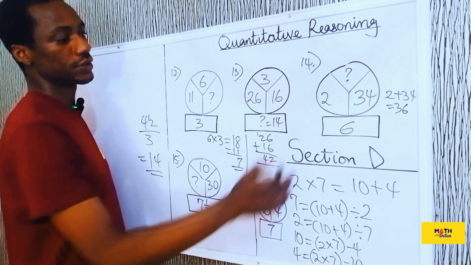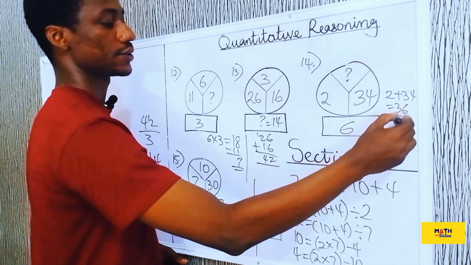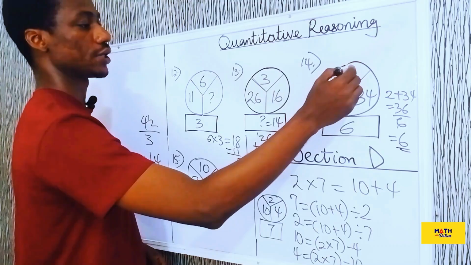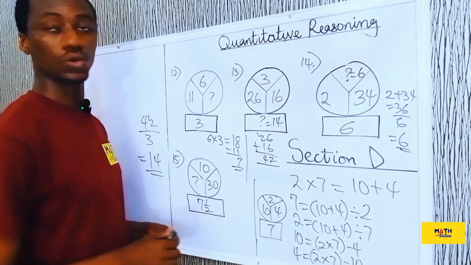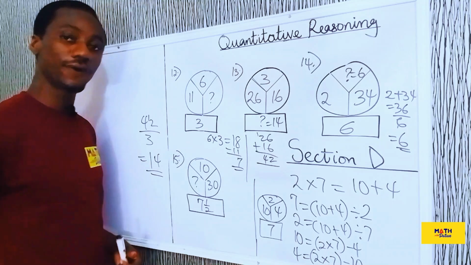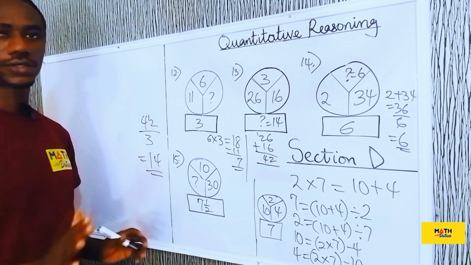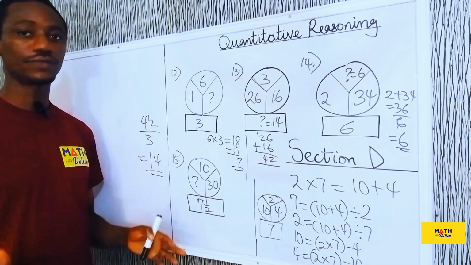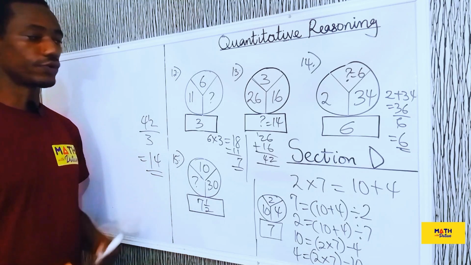And then 36 divided by 6 will give us 6. So the answer here is 6. We check: 6 times 6, 36. 2 plus 34, 36. Checked. Balance. I just want you to understand the concept of balance. Very easy procedure to follow.